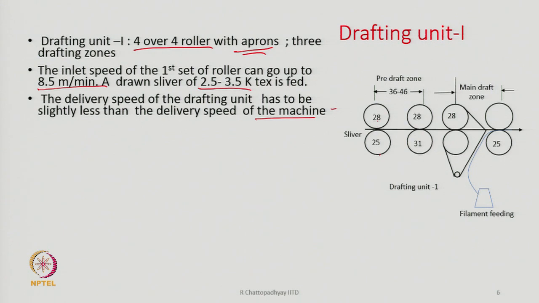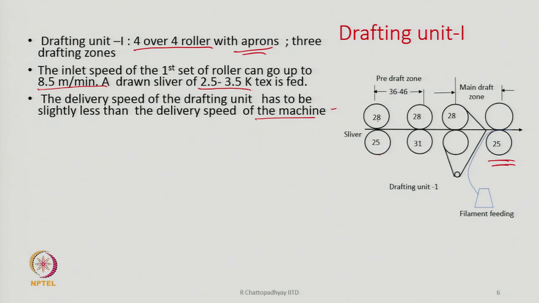Delivery rates are quite high. The delivery rate of the front rollers can go to the order of 150, 160, 200, 220 meters per minute. In comparison to ring spinning, the delivery rate is hardly 15 or 18 meters per minute. So, it is almost 10 times more. So, all the rollers have to run very fast.